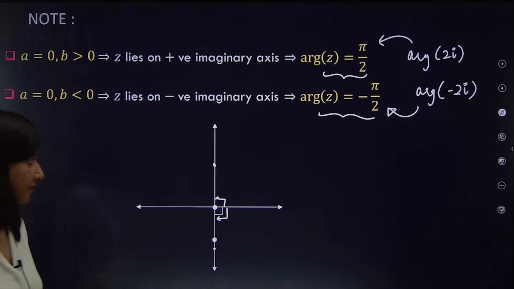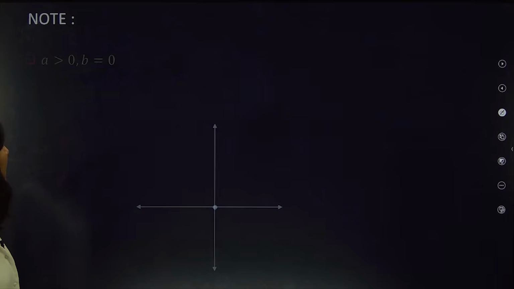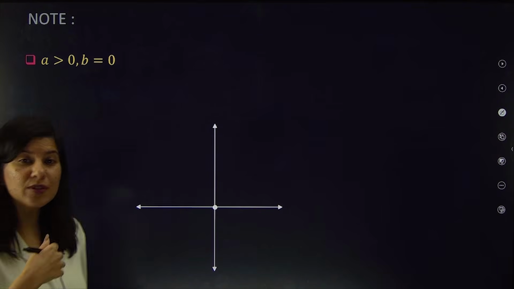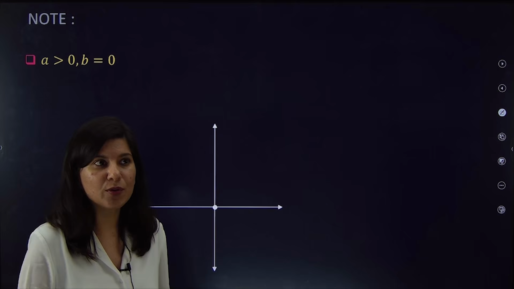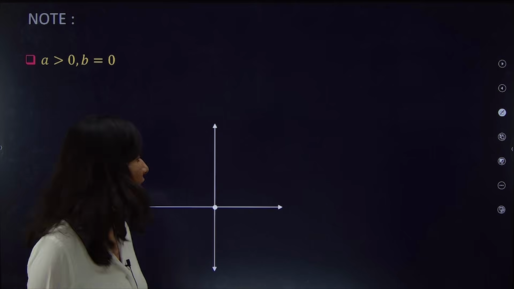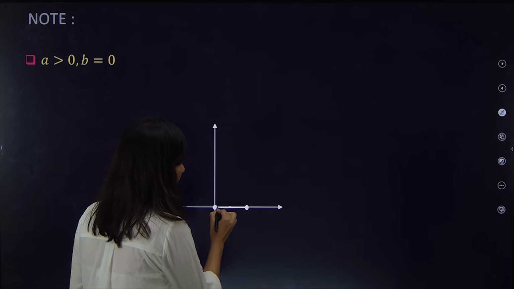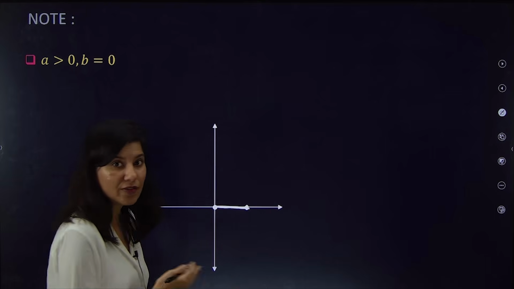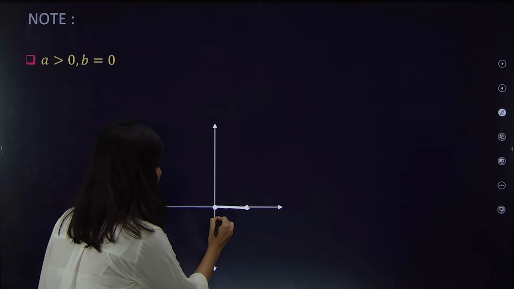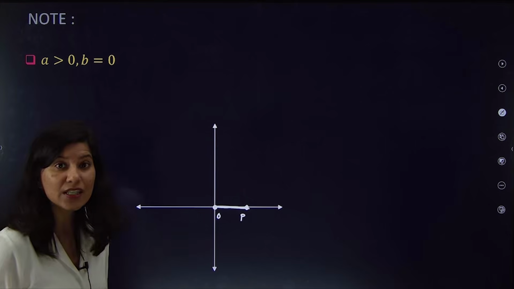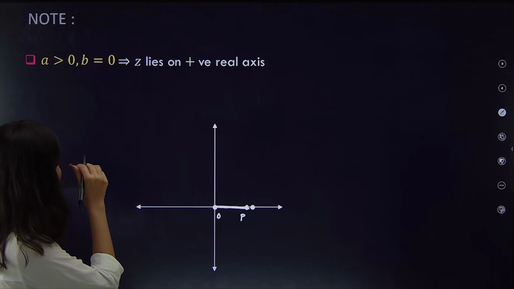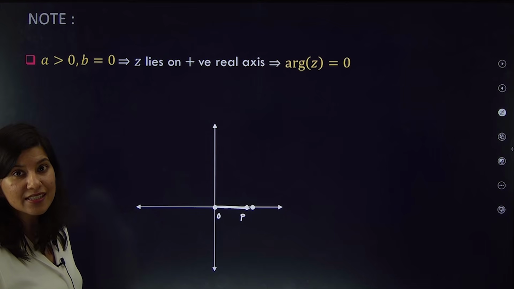And suppose you are having a complex number which has 0 imaginary part, suppose 2, 3, 4, it will obviously lie here, and the angle of this OP from the real axis is 0 degree. So if A is positive, B is 0, then the angle is 0.